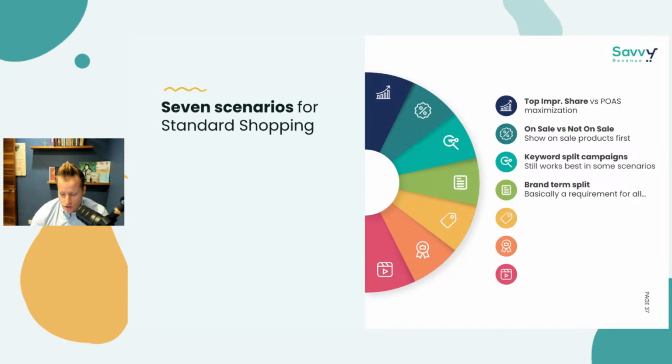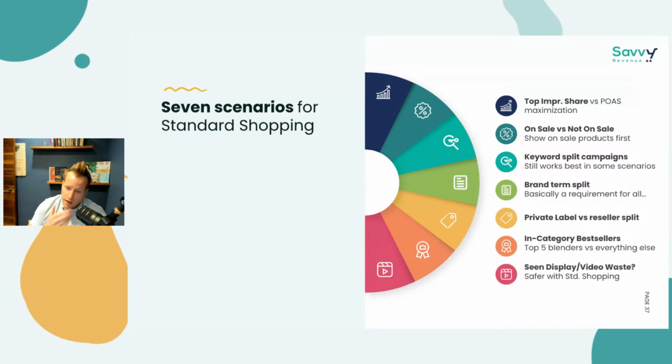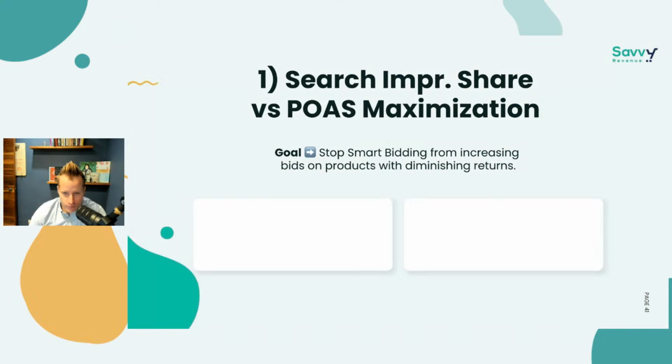Everybody should be doing this anyway. Private label versus reseller. In-category bestseller, which is a different take on the bestseller split. And then if you've seen display and video waste, standard shopping is a way to remove any waste with display and video.